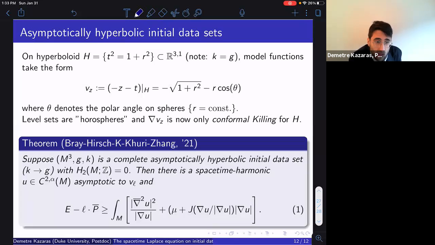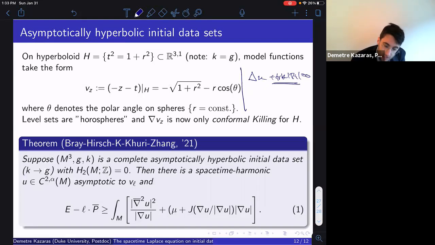Then, first of all, you can find a spacetime harmonic function which is asymptotic to these model functions, these V_z, or V_x or V_y functions. So you can solve the equation, which is definitely not trivial now because the equation has the form Laplacian u plus trace K times norm of grad u equals 0. That's the spacetime harmonic equation.